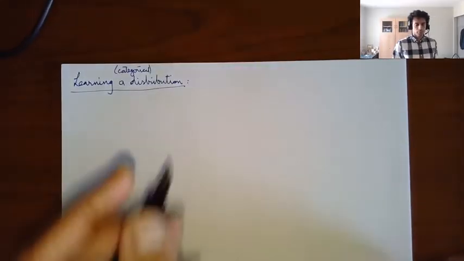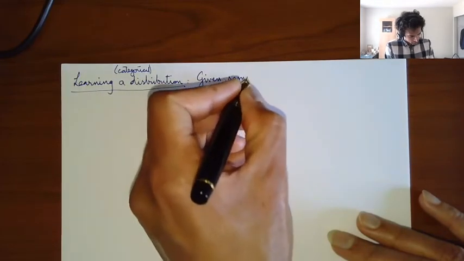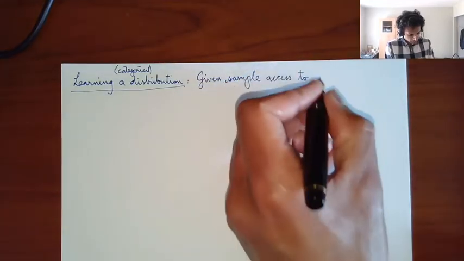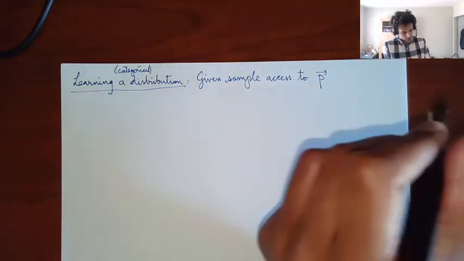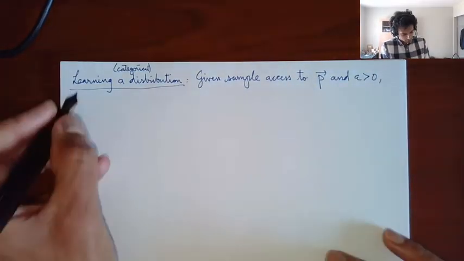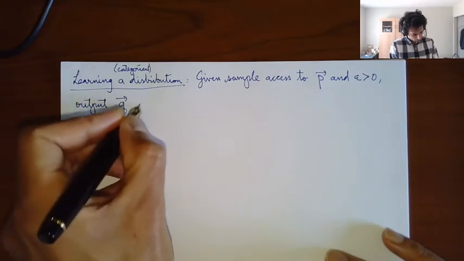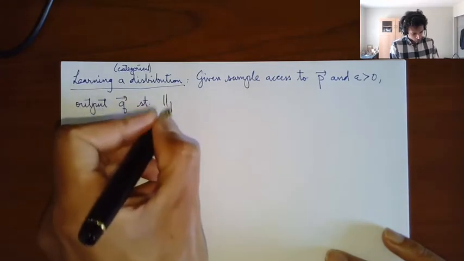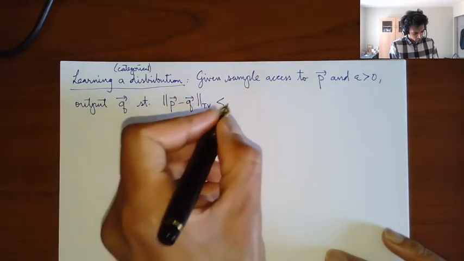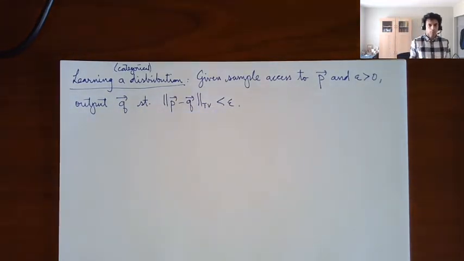Given sample access to the input distribution P and epsilon greater than 0, output Q such that the total variation between P and Q is at most epsilon. This is the learning problem.